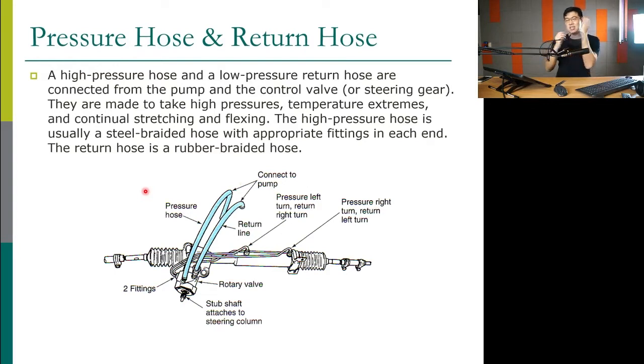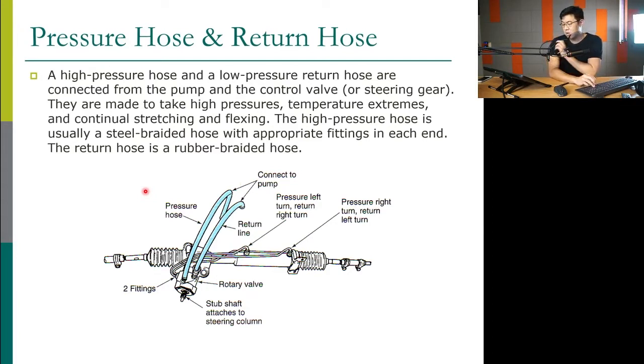We cannot just use a rubber hose and a little belt, a clamp, to fit the hose on the pump. We need some kind of special fitting at the end of the hose. So that's the pressure hose.